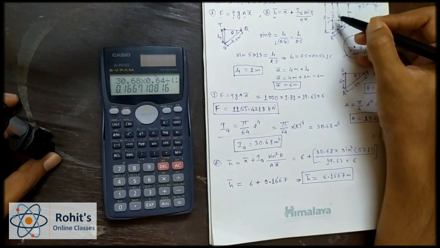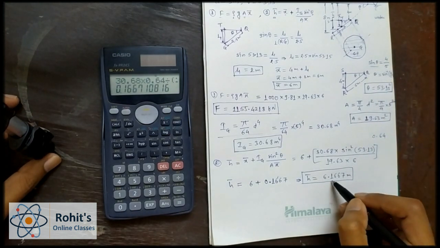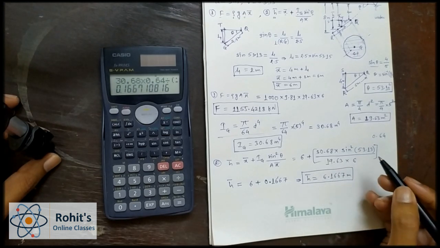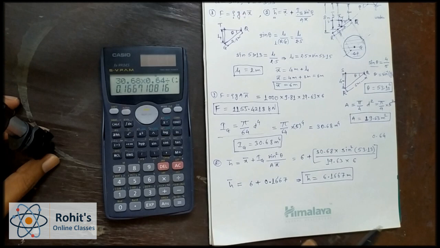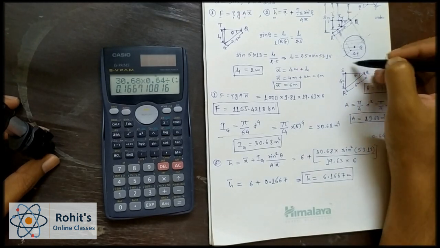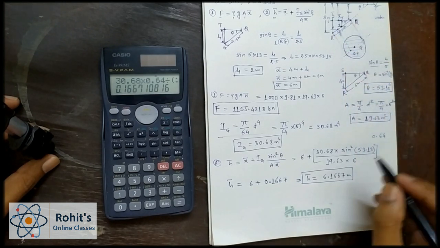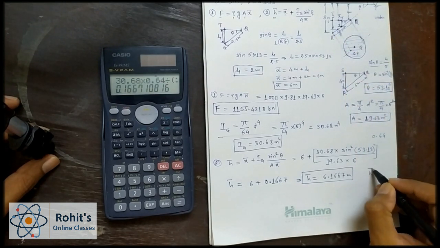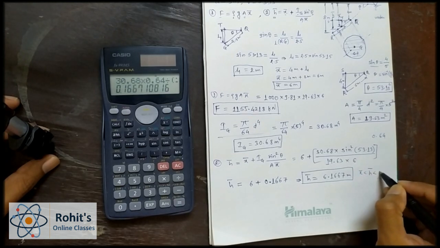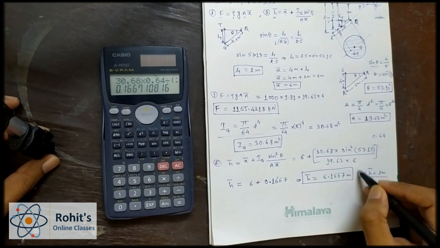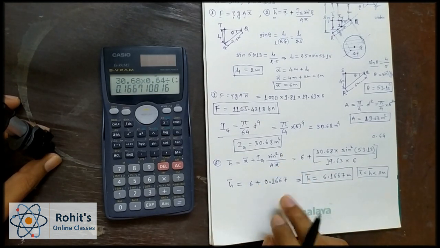So the position of center of pressure is more than X bar and less than the total depth of the circular plate, which is 8 meters. So h bar has to be in between X bar and 8 meters. This is how we have calculated the total pressure force and position of center of pressure.